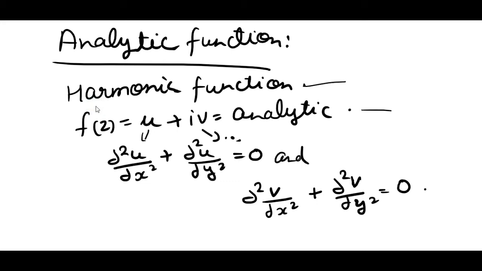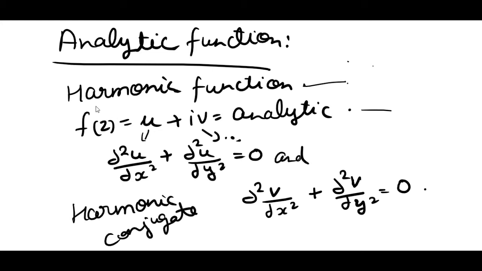So both u and v will be harmonic functions, and hence u and v are harmonic conjugates of each other. Guys, remember this term, harmonic conjugate. u is harmonic conjugate of v and v is harmonic conjugate of u.